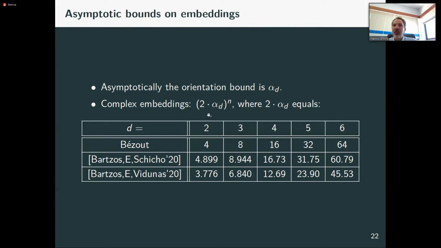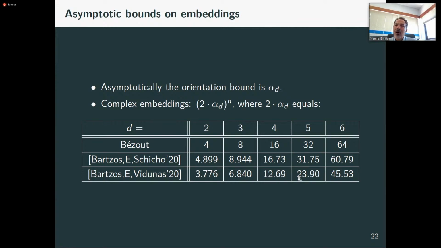The new result says that alpha to the nth power is approximately, so this is a simplification of the formula before. I should say here asymptotically, because I'm ignoring some lower order terms. And asymptotically it is 2 alpha to the n.